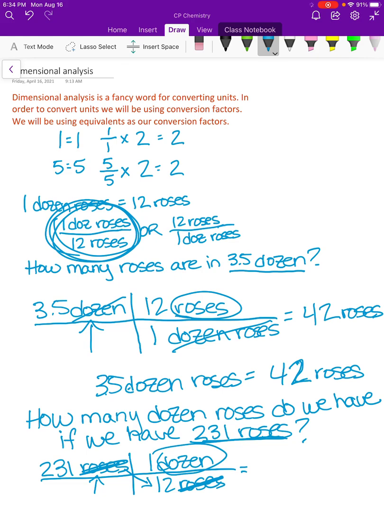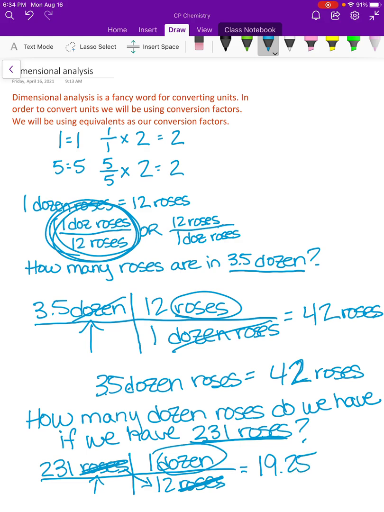Okay, so this time we're doing 231 divided by 12. So 231 divided by 12 equals 19.25.